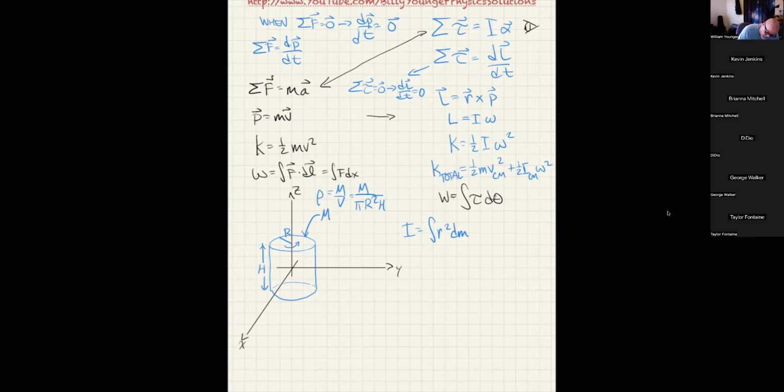So I'm going to imagine a shape that could help me. The shape that comes to mind is a little ribbon whose inner radius is r and whose outer radius is r plus dr. We imagine this coming all the way down to here.